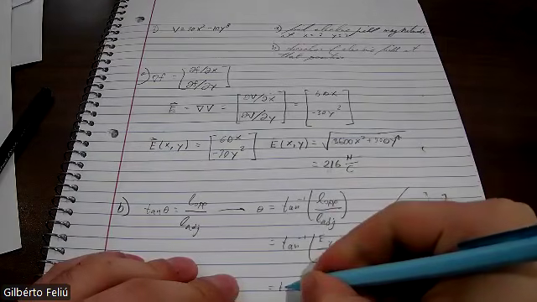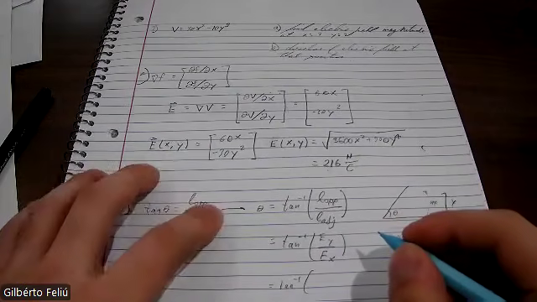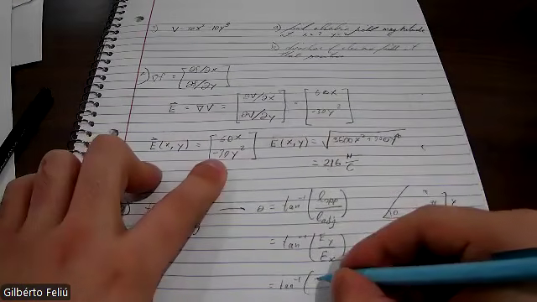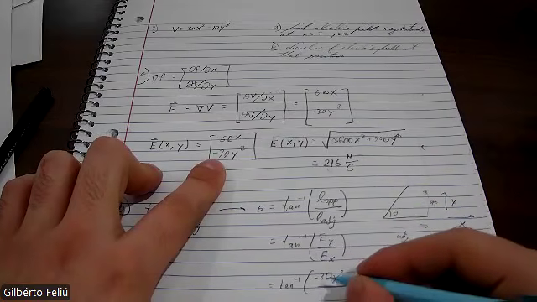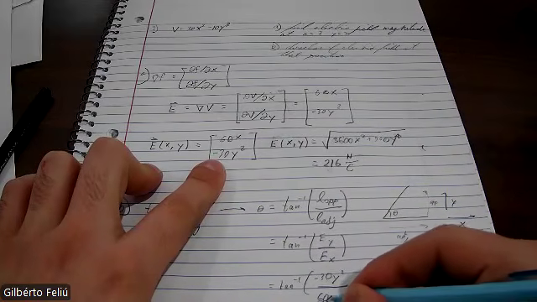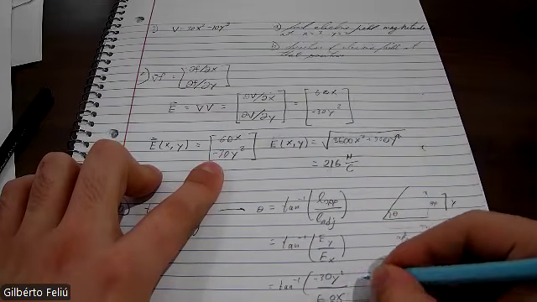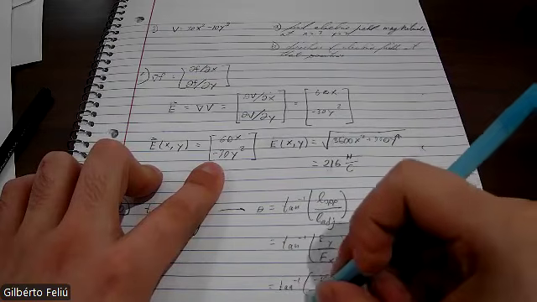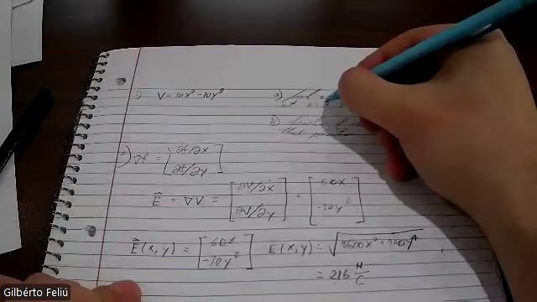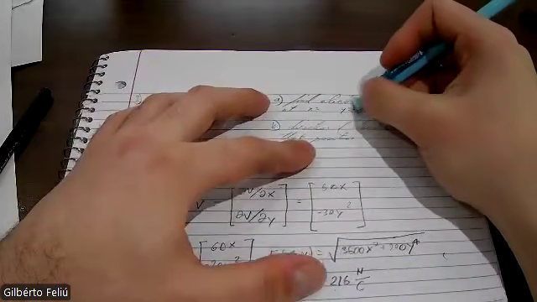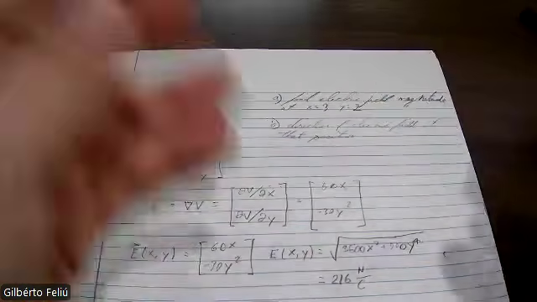That would give us the inverse tangent of, what is Ey? Ey is negative 30y squared, and then 60x. It's asking you to do that at this specific point: x equals 3, y equals 2.